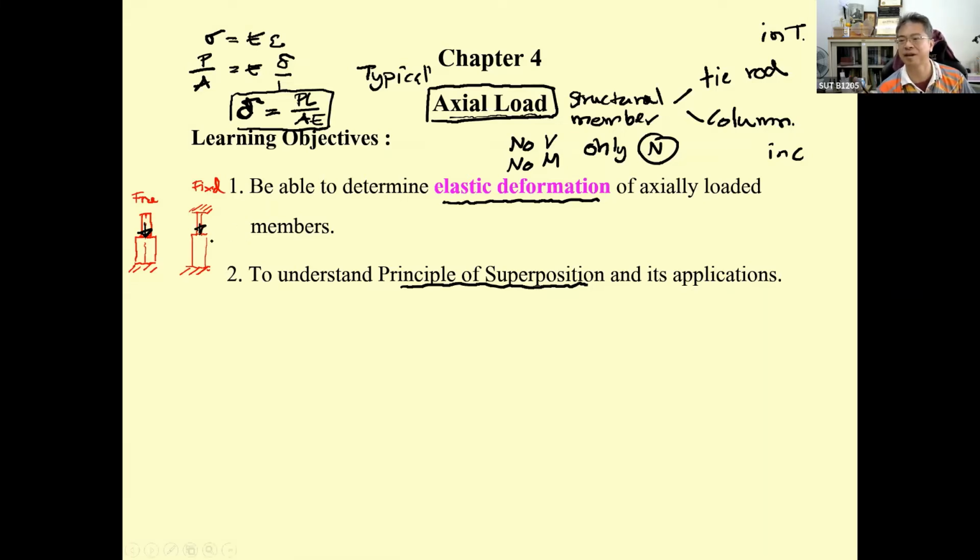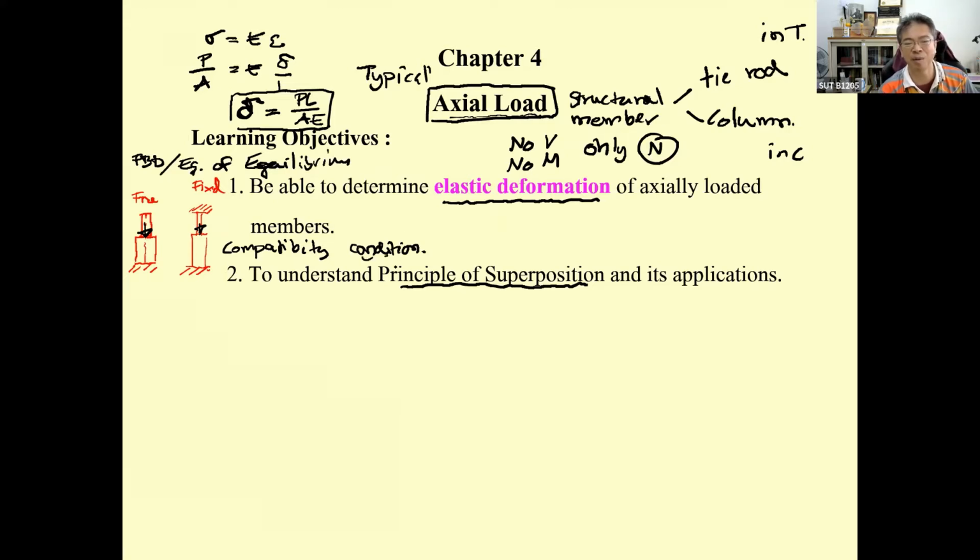It cannot be solved by only the free body diagram and the equation of equilibrium. Not only that, you're going to require the compatibility condition to solve this problem.